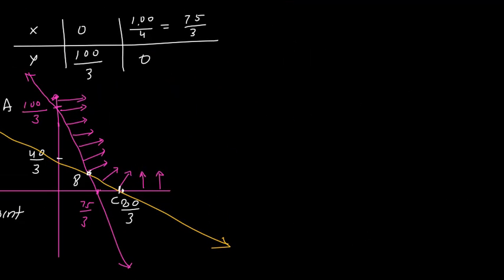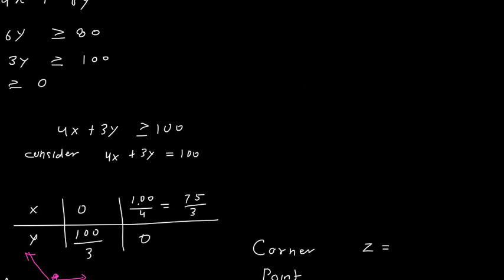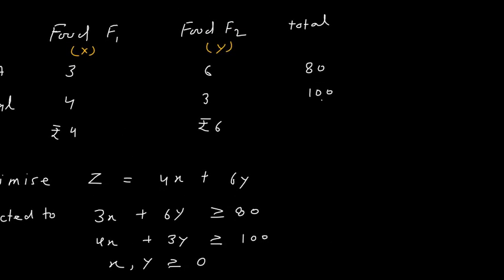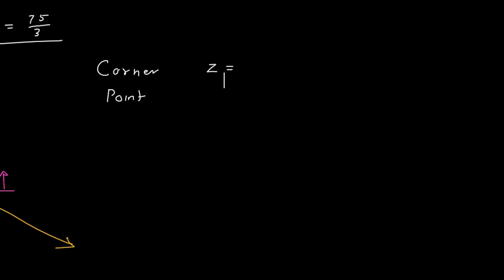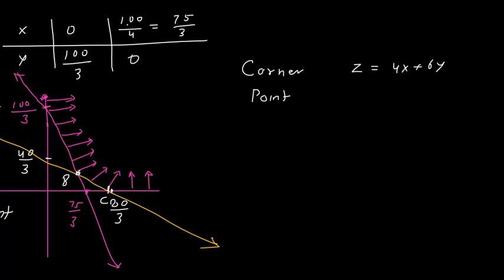So here we have the corner points, and we have z equal to, here we have to minimize the total cost, 4x plus 6y. Z is 4x plus 6y. Now corner points are, point A is 0, 100 upon 3.